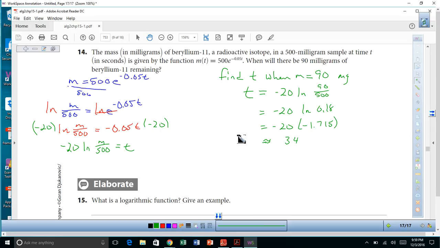So there will be 90 milligrams of beryllium-11 left after about 34 seconds. Cool.